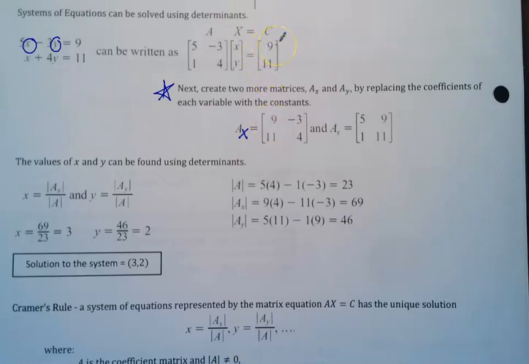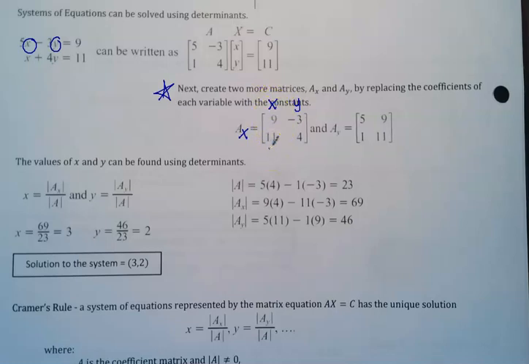Before, 5 was the coefficient for our x, and -3 was the coefficient for y. Now we're putting the 9 in for this first column and the 11 in as well.